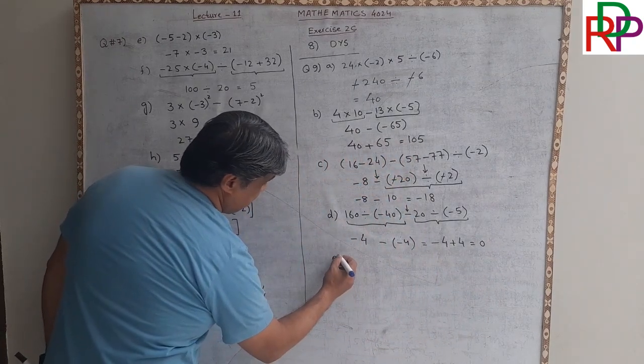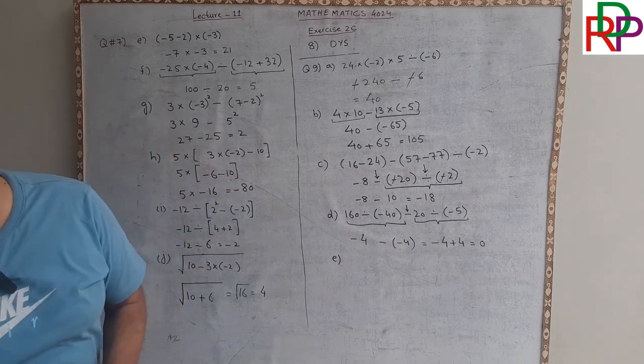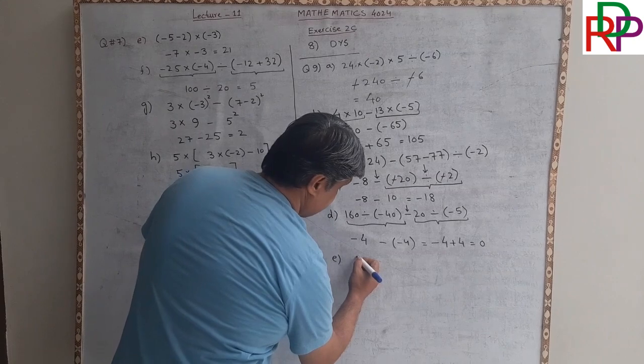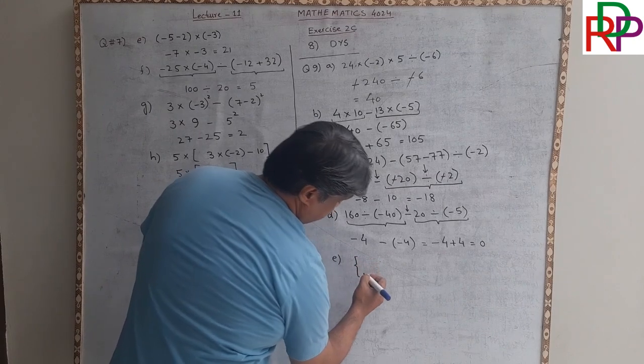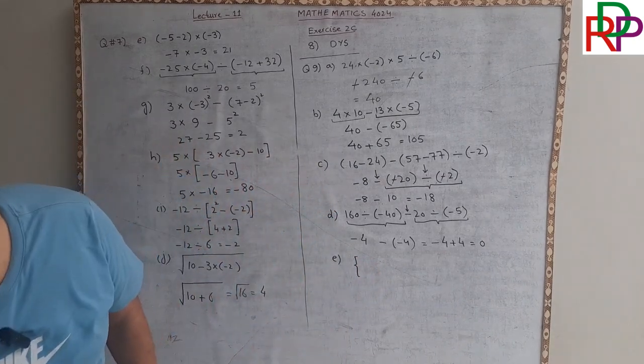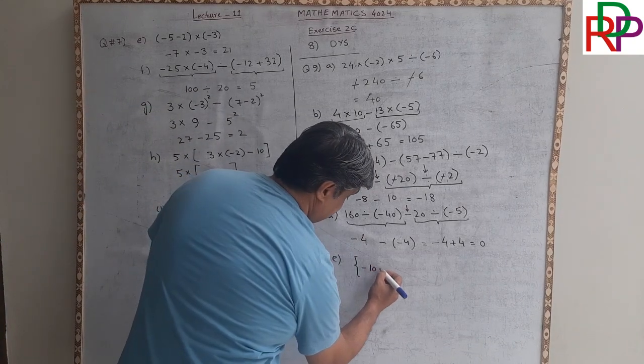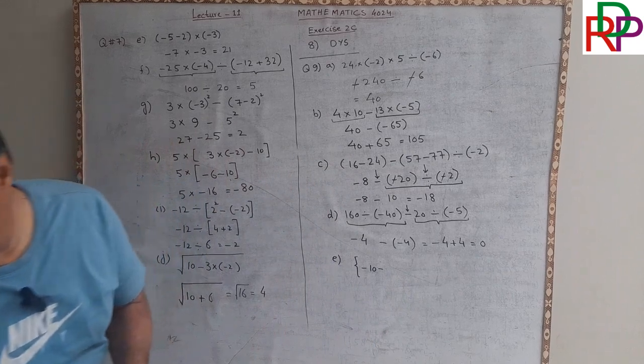And now we are doing the E part, with braces and minus 10 and minus.